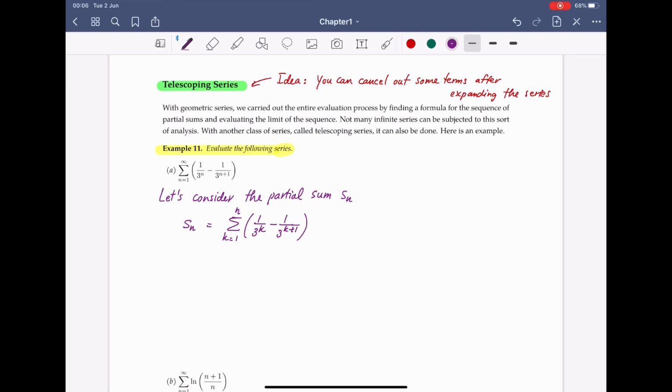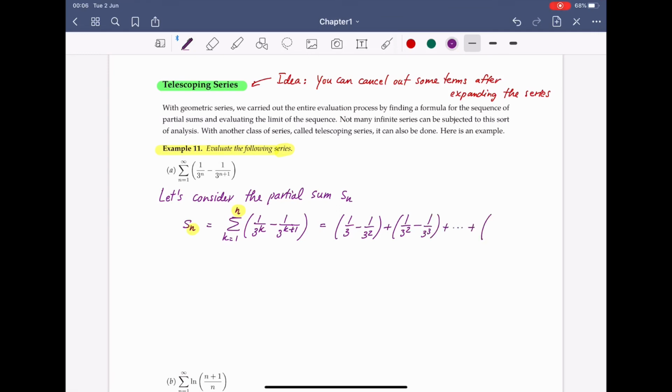I switch my dummy variable from n to k because I want to save my n for a fixed number. So I'm going to switch the n from the problem to k, just to make different variables so they are not messy. And then after that, I can expand this, so I have 1/3 minus 1 over 3 squared, and then plus 1 over 3 squared minus 1 over 3 cubed, and so on.